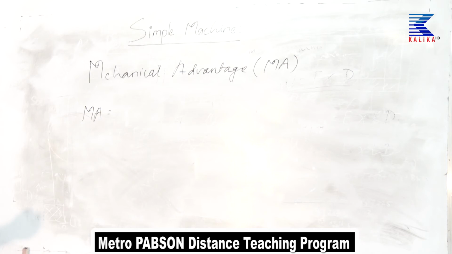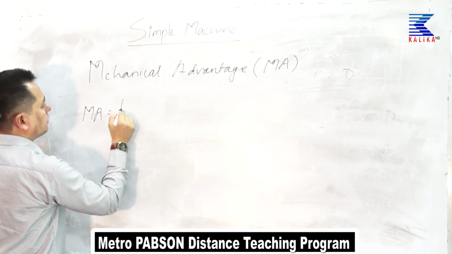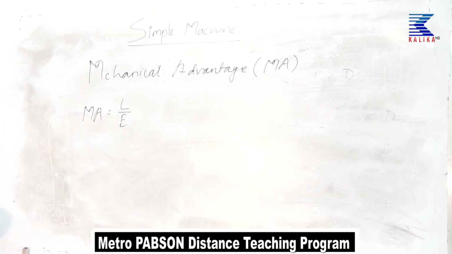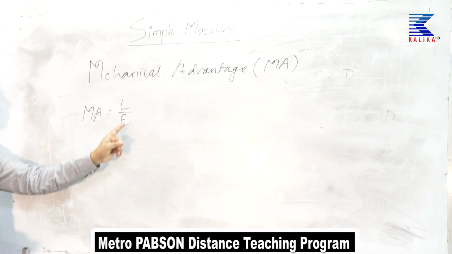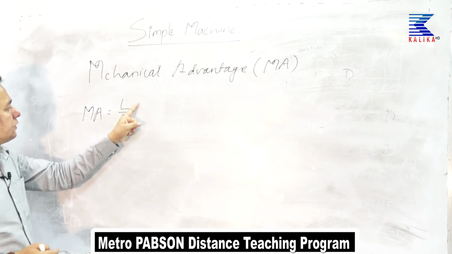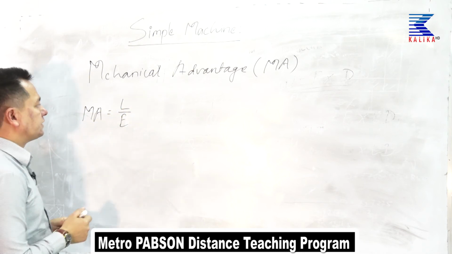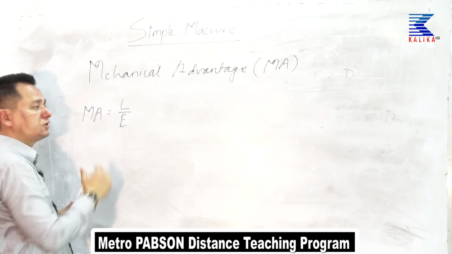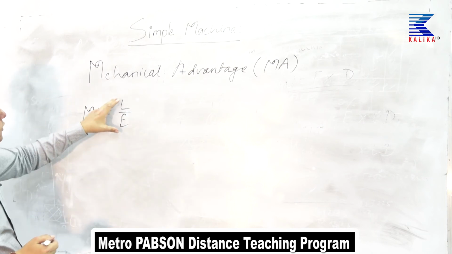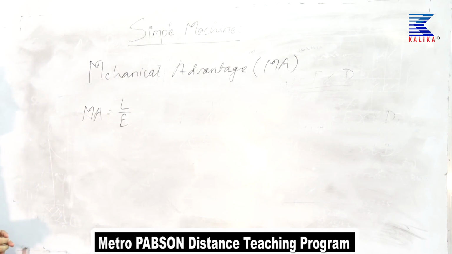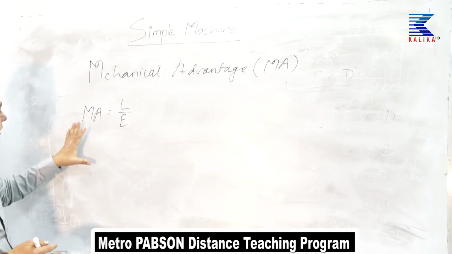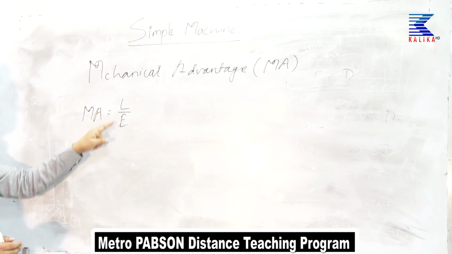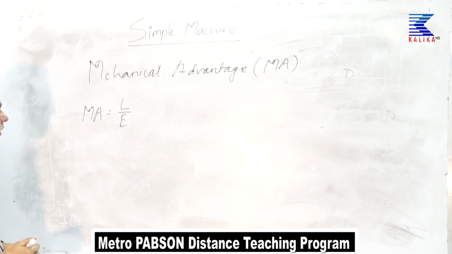It is the ratio of load to effort. Both have the same unit, Newton, so mechanical advantage doesn't have any unit. So the ratio of load to effort in a machine is mechanical advantage.